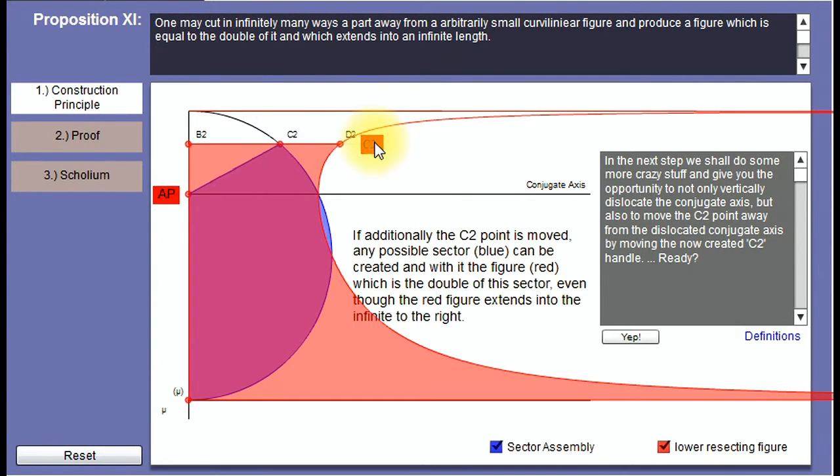What happens is basically that you create another sector which is above the conjugate axis, and by using the ordinates and the boundary of the upper resecting figure or resecting curve and the bound of the conjugate axis itself and the axis, this red area here will be known to be exactly the double of this upper sector.